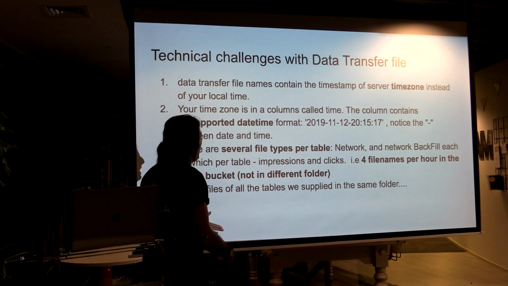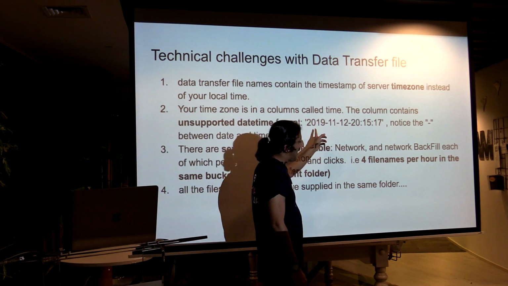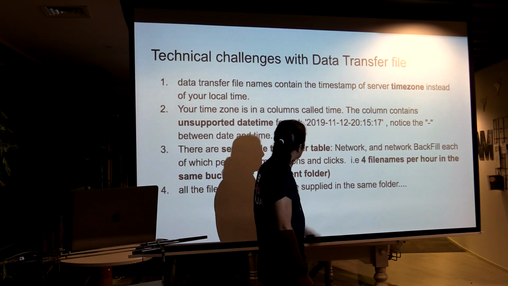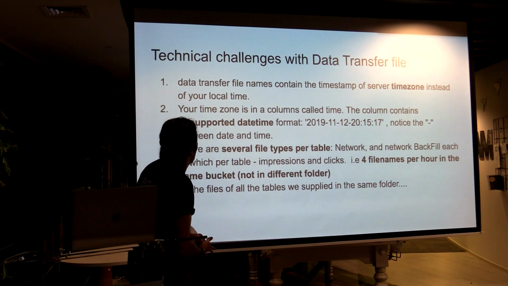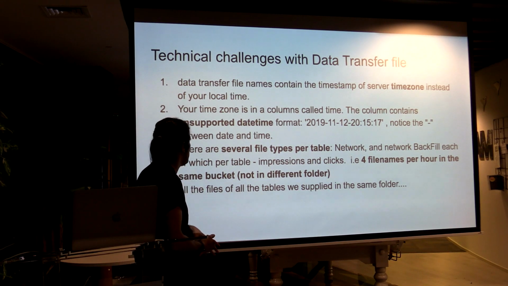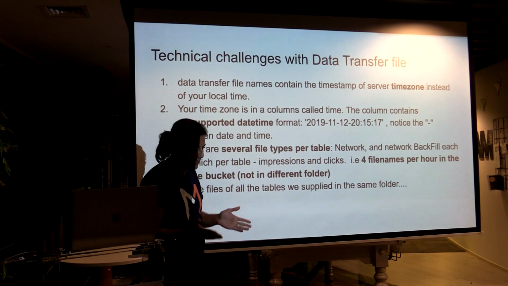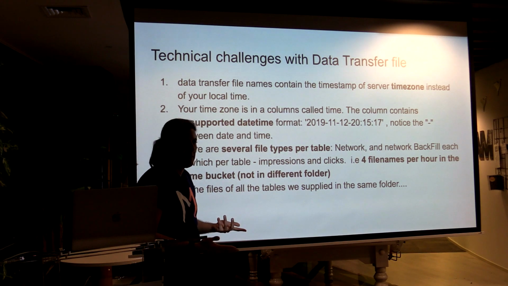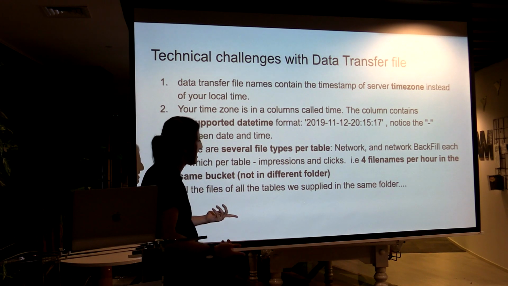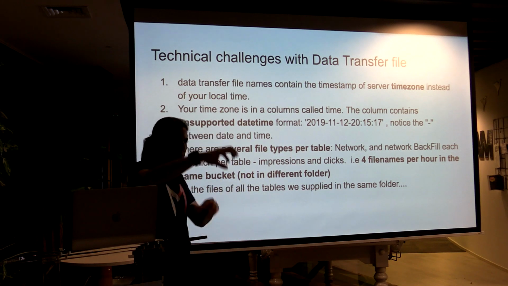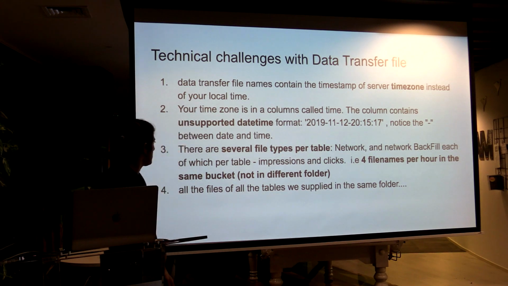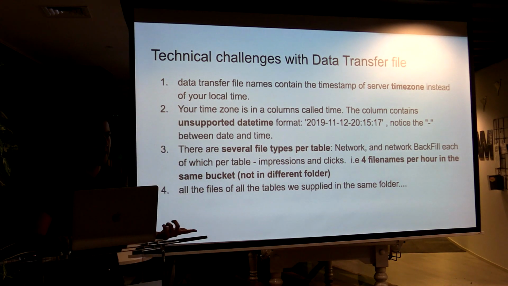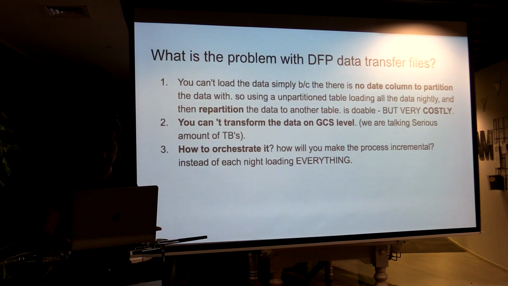And the actual date value is in a format I didn't find a solution how to parse it with the correct data type. And on top of that, they put several data types in one bucket. That means 4 tables in one bucket without folders. So somehow needed to separate them, which created a mess because it's one bucket with a lot of terabytes per hour, and it's a mess.